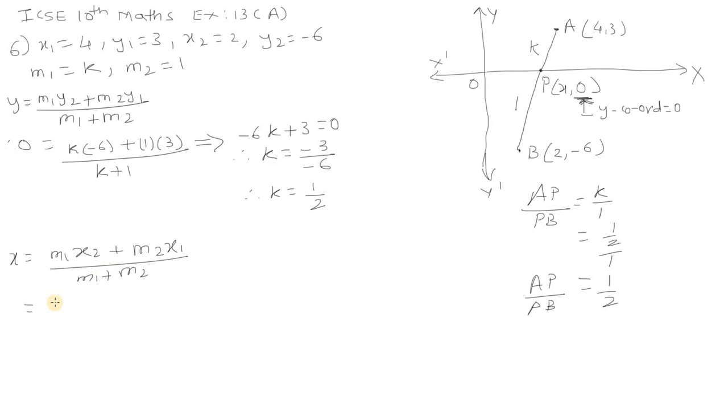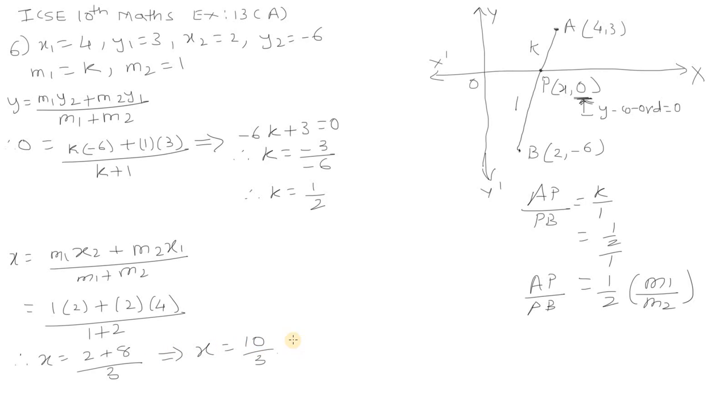We will substitute the values. m1 is now 1 and m2 is 2, as you can see, 1:2. So x is (1 times x2 which is 2, plus m2 which is 2 times x1 which is 4) divided by (1 + 2). So we get x equal to (2 + 8) upon 3, which implies x is equal to 10 upon 3.